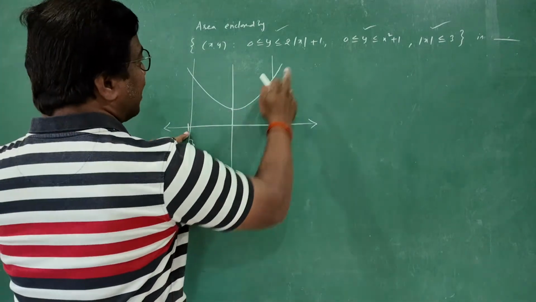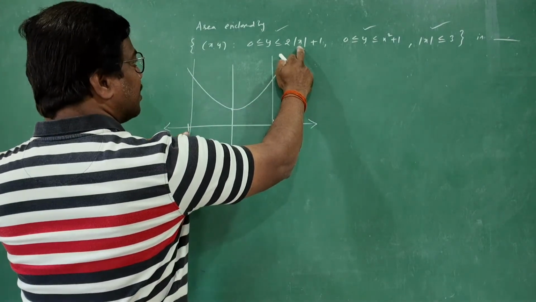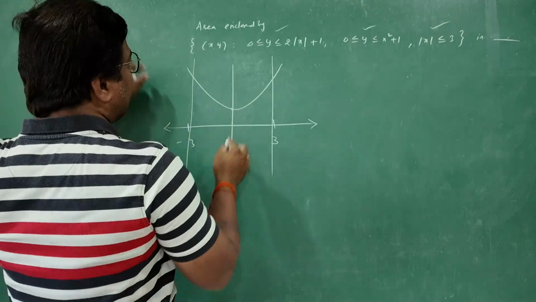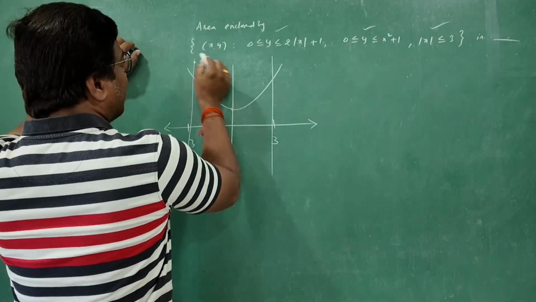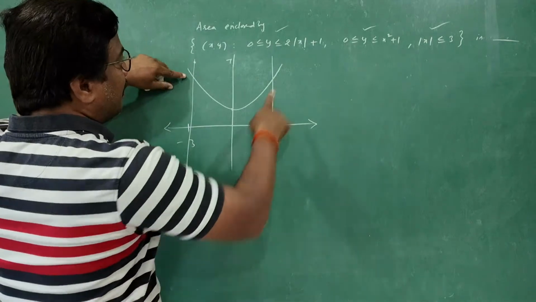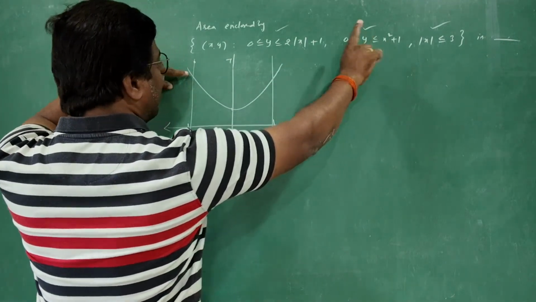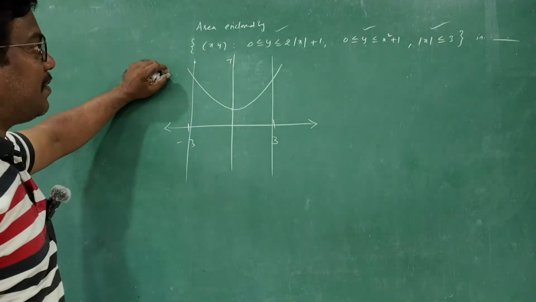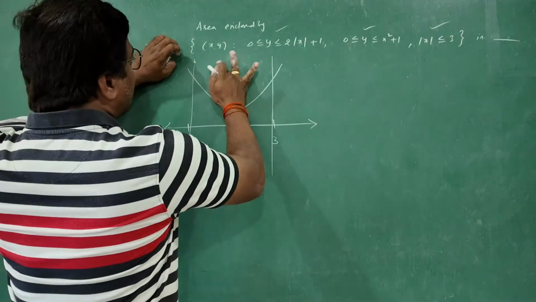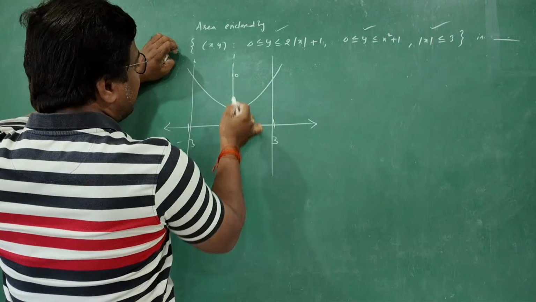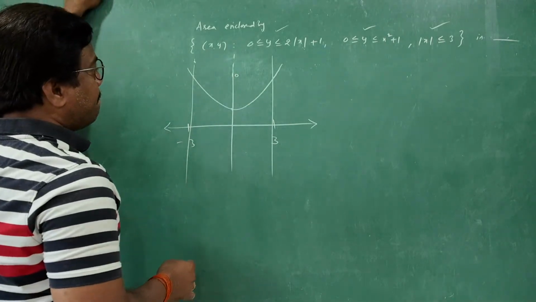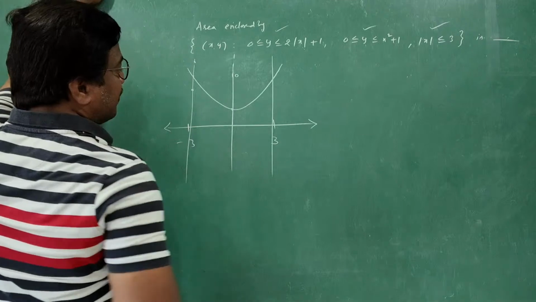If I write minus 3 in this, you will get 7. Here, somewhere it is 7. And by writing x value minus 3 in the parabola, what happens? 9 plus 1, 10. So here it is 10. 7 is nothing but here.